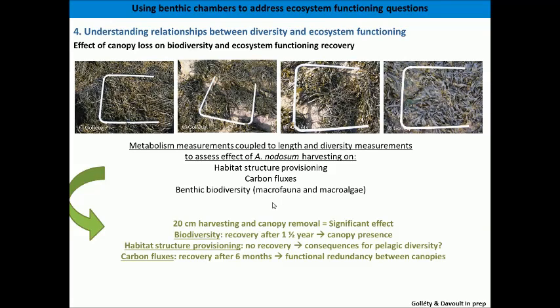The carbon fluxes were the variable that recovered fastest: after 6 months, once the Fucus vesiculosus was established on the no canopy area, it showed no difference at all with the other areas, thus showing the functional redundancy that exists between these two types of canopies.